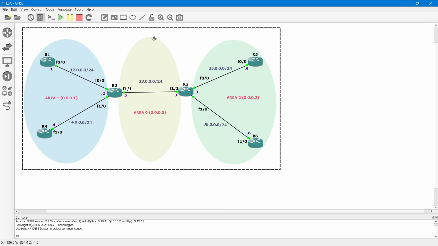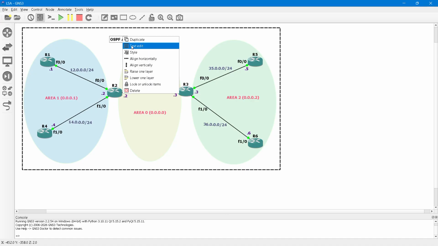So this is our ASBR. This is our AS, autonomous system. And here the protocol which is working for our routing is OSPF, right? OSPF autonomous system.